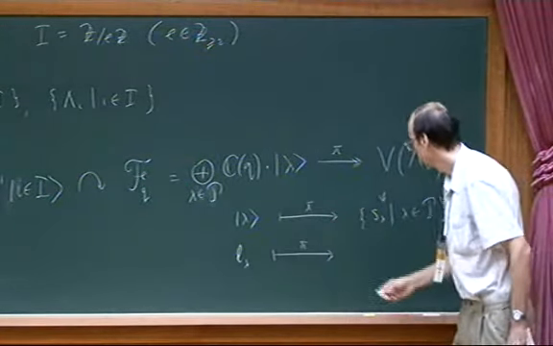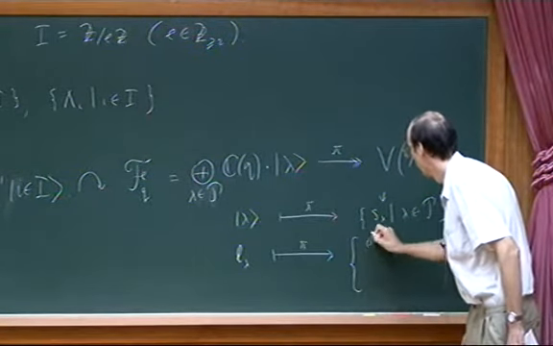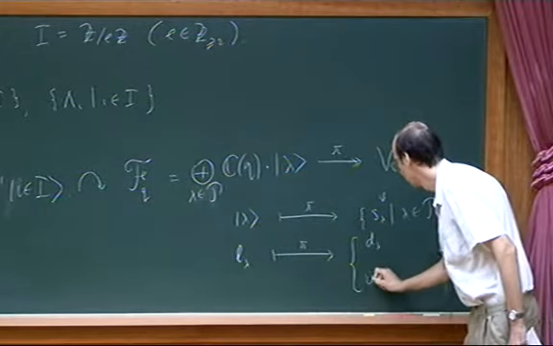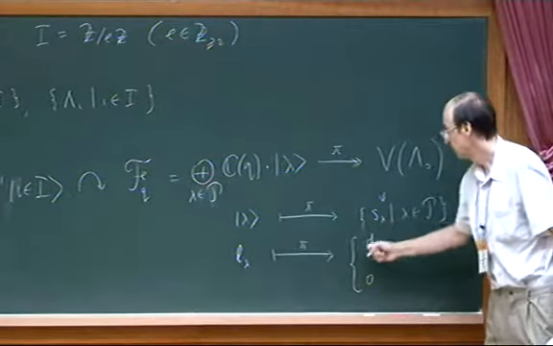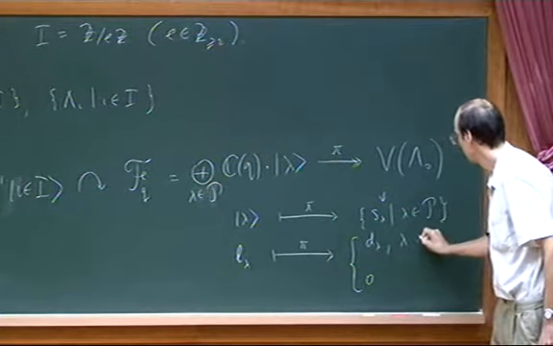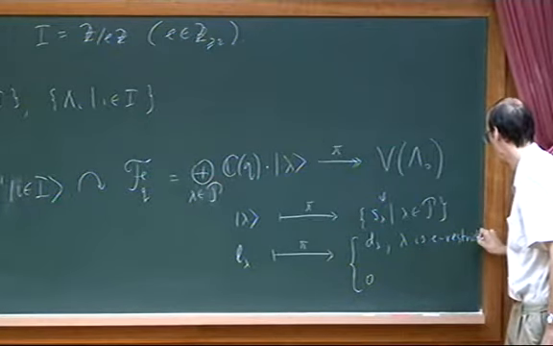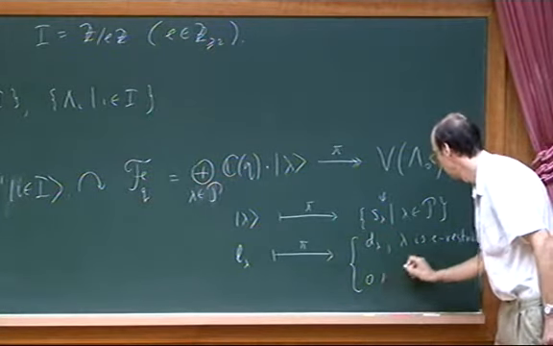So the images of these L lambdas, I will denote them D lambdas. But sometimes this L lambda goes to 0. And it's known precisely when L lambda does not go to 0. It's precisely when partition lambda is e-restricted, and it goes to 0 otherwise.